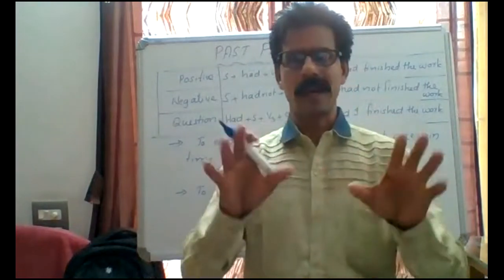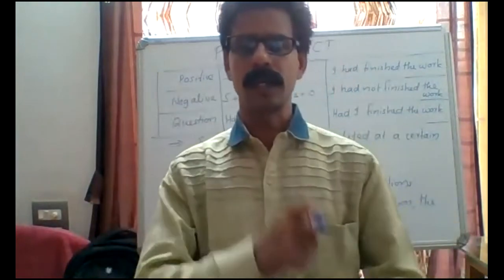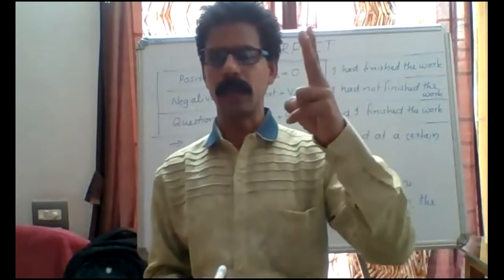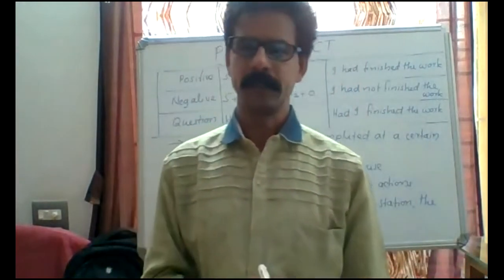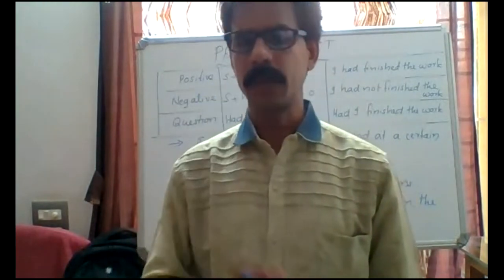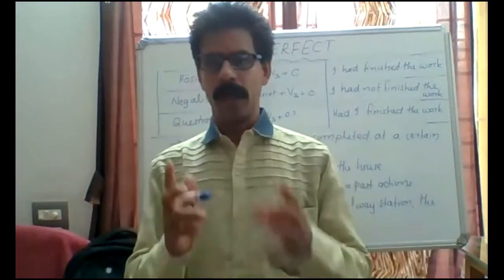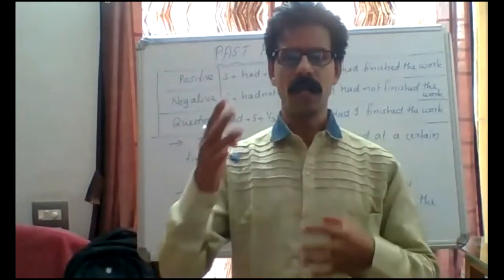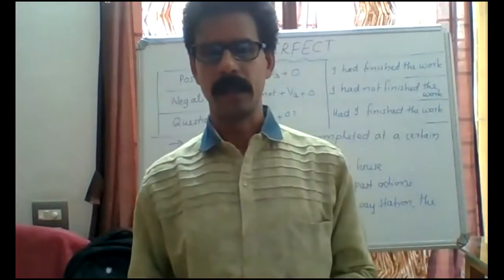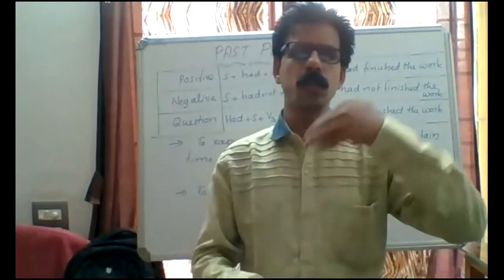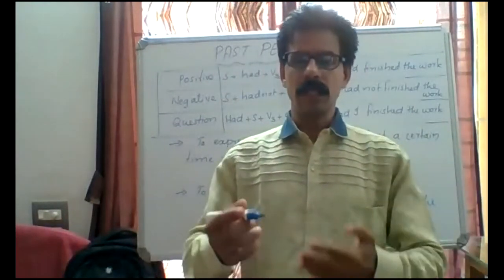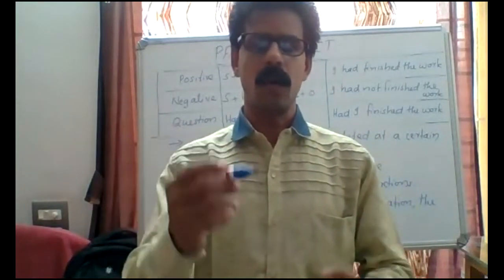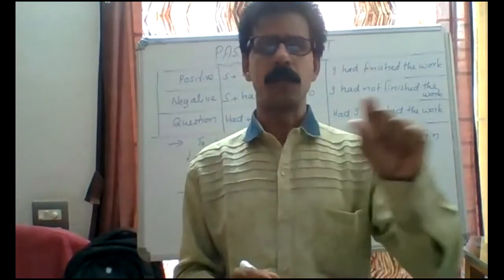If you want to connect these three sentences together, the first two completed sentences we have to speak in past perfect. Have you got my point? Whenever there are two past actions we want to combine and speak to others, the first completed action should be written or spoken in had plus V3.